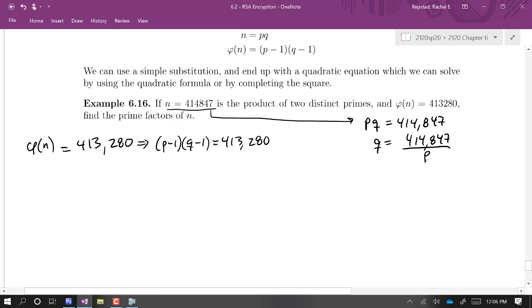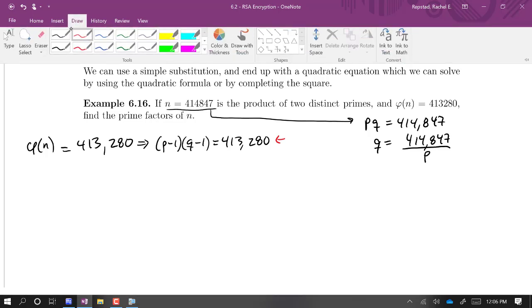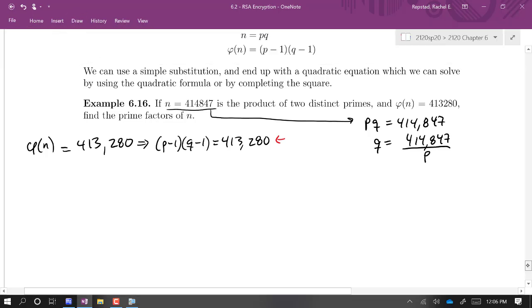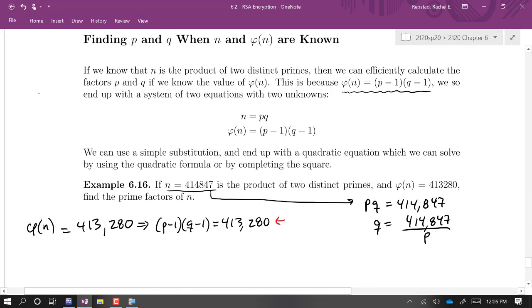Okay, so now I'm going to go back to this equation, the p minus 1 times q minus 1. I'm going to FOIL out p minus 1 times q minus 1. And if you are visual and like that little table, I'll remind you how that works. Multiplying across the top, we get p times q, and then q times negative 1 is negative q.